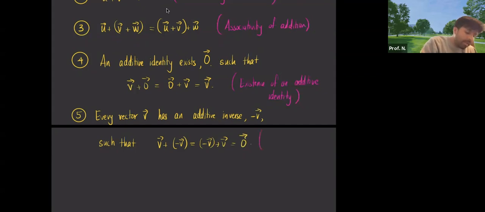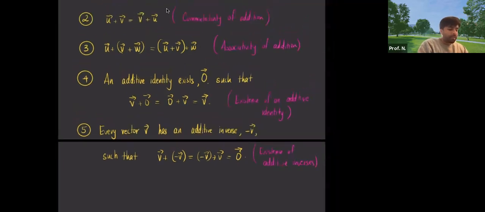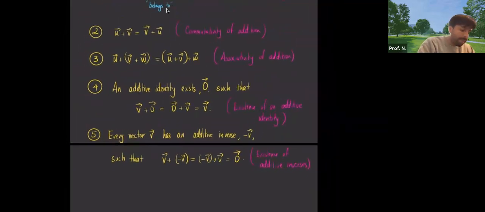So we have existence of additive identities, and we also have existence of additive inverses. Okay, we're almost there. We're halfway there. So there's 10 of them. 6.